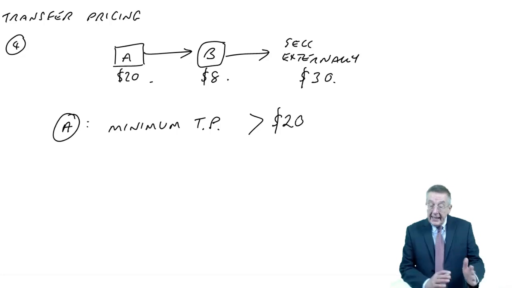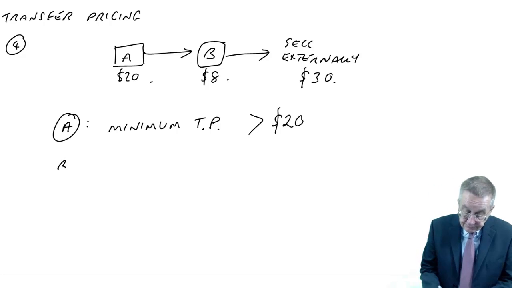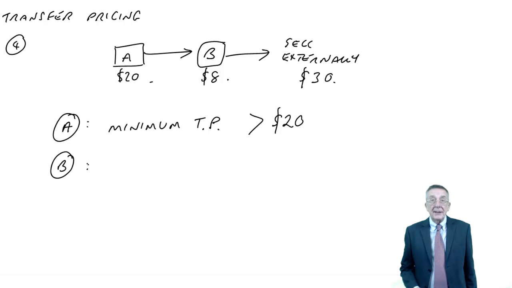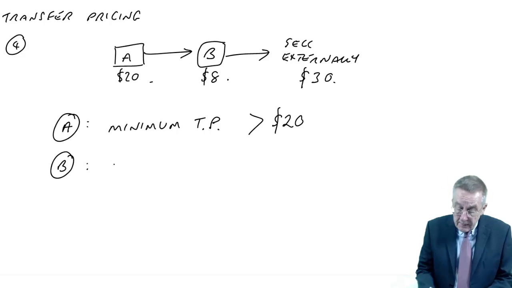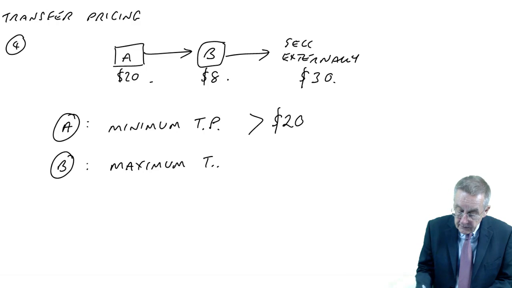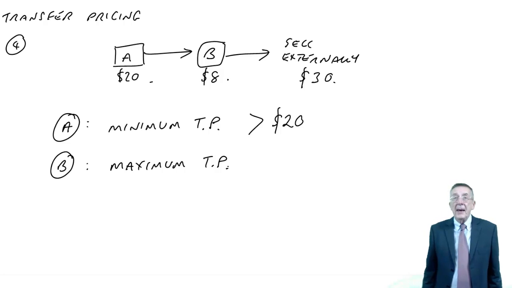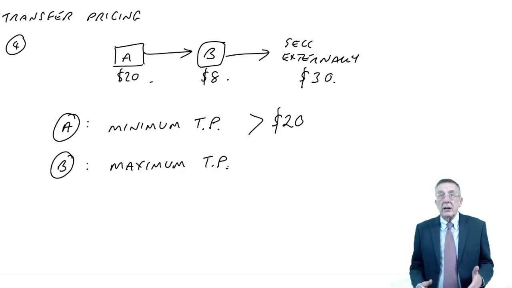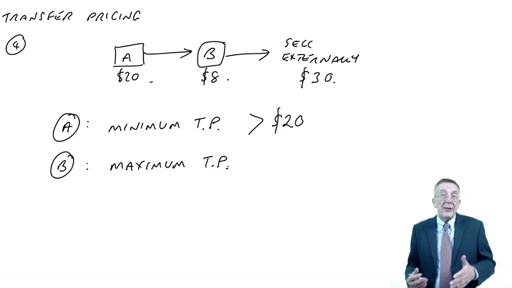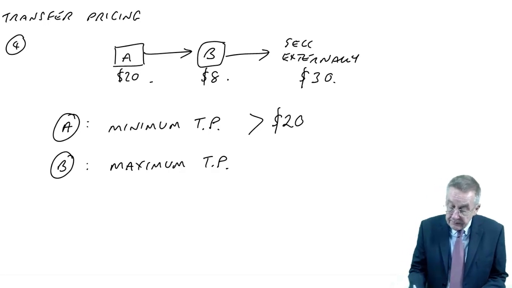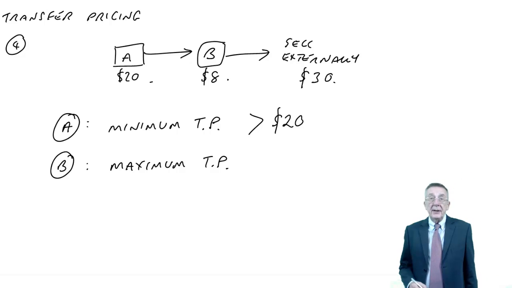Now, if it's more than 20, A is motivated. What about B? B's the person who's buying it. And so B determines the maximum they're prepared to pay. What's the most they'll be prepared to pay if they're going to be profitable and therefore want to buy it? Well, surely they're going to sell it at 30.